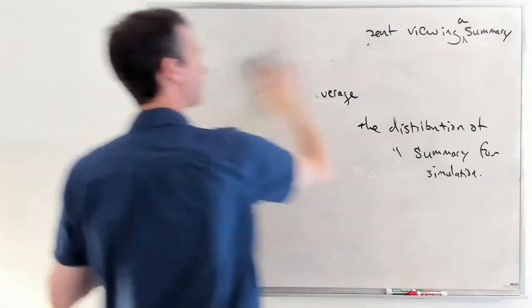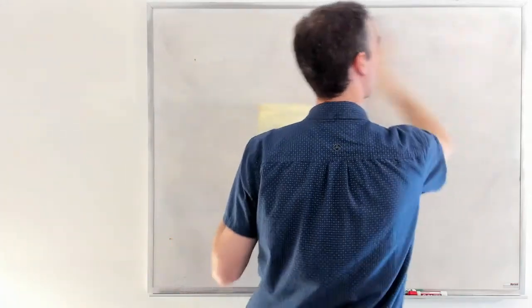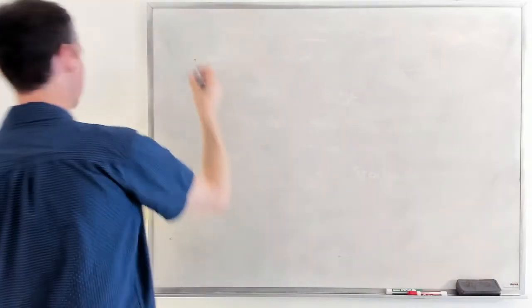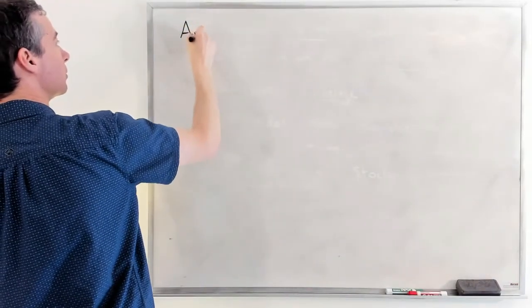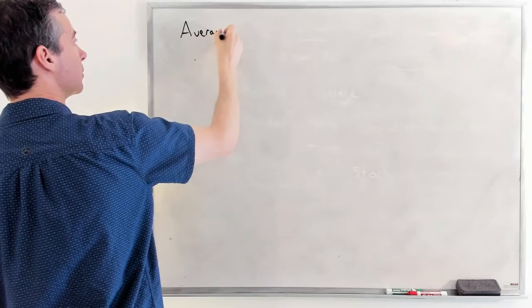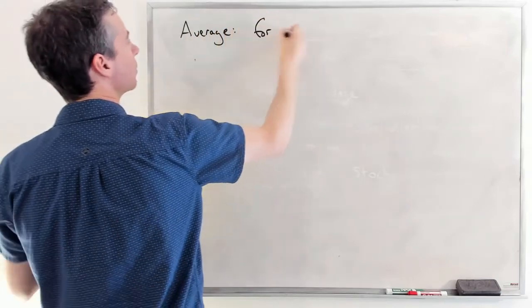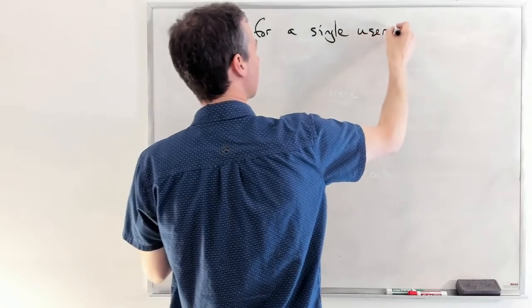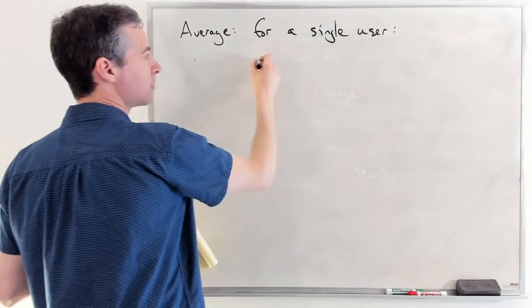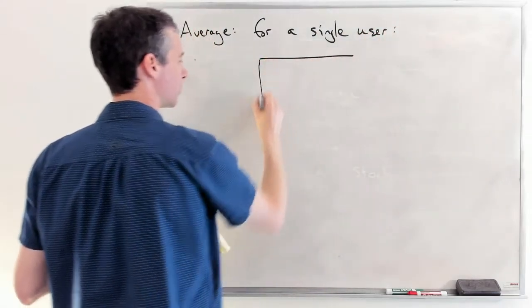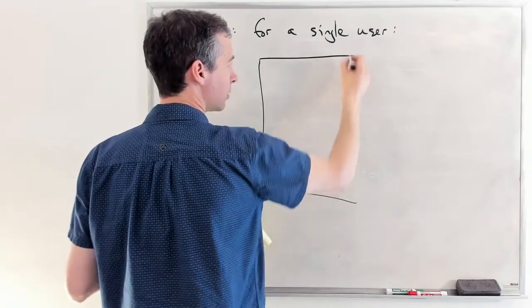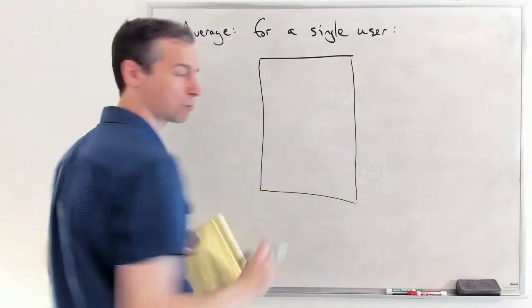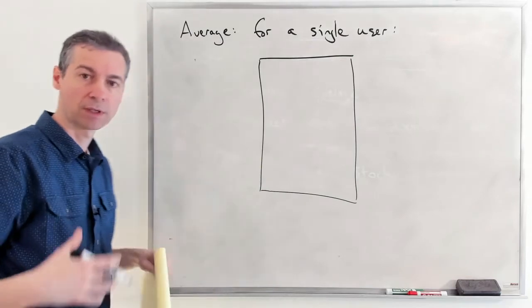All right. So to produce an average for a single user, what we did is, we did not have an eye tracker. We know they're working down this ranked list of results.